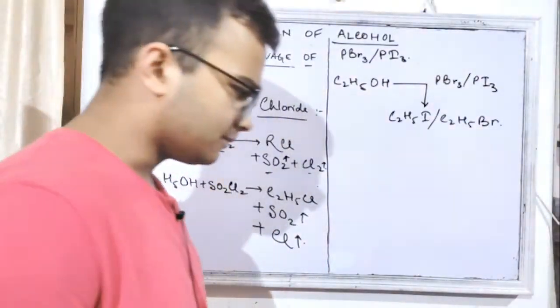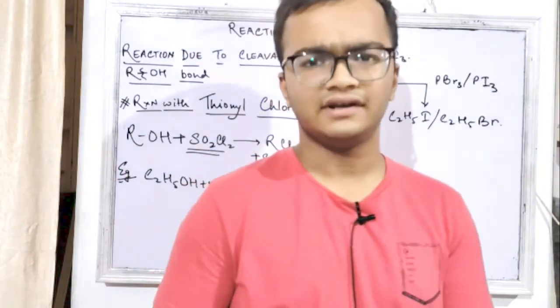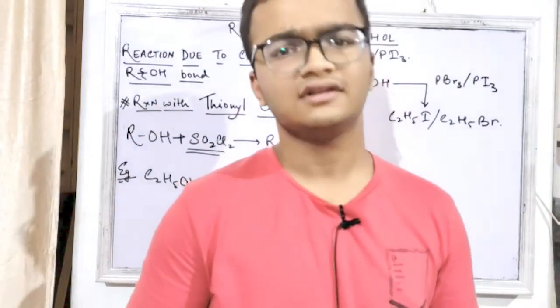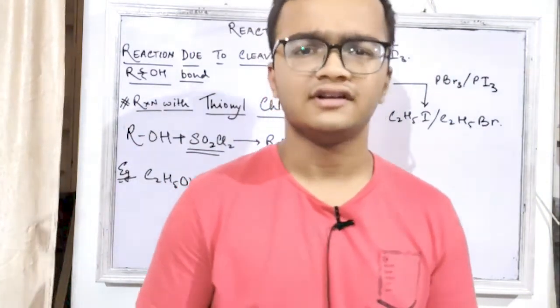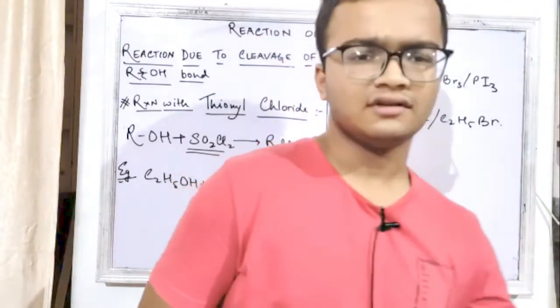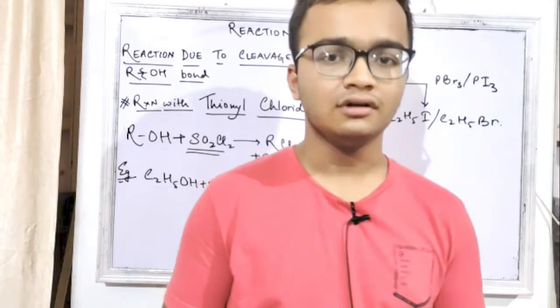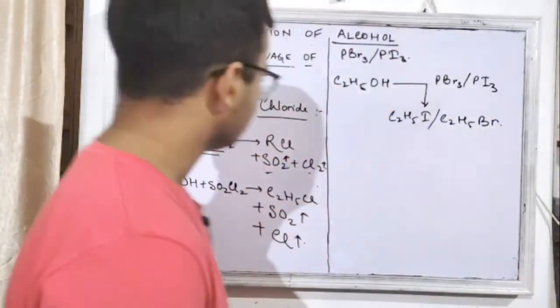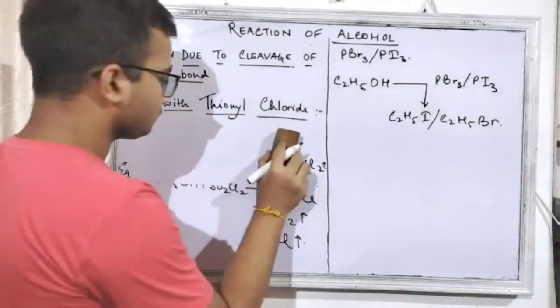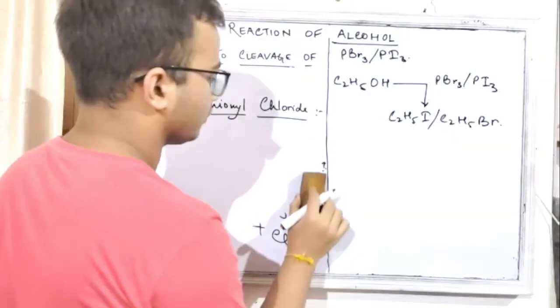Now we will study the dehydration of alcohol, where we get alkene. We are quite familiar with this from the class 11 chapter. We have already studied it in the alkene chapter. So let's recap, or revise, whatever you call it, and see what's happening there. So let's clear out the board.